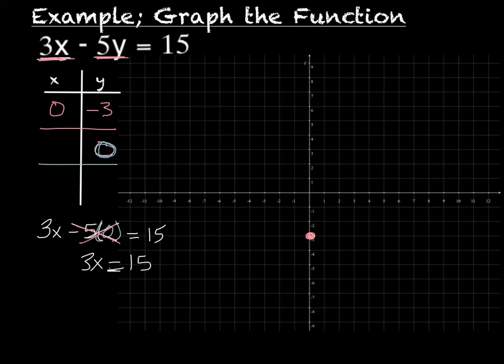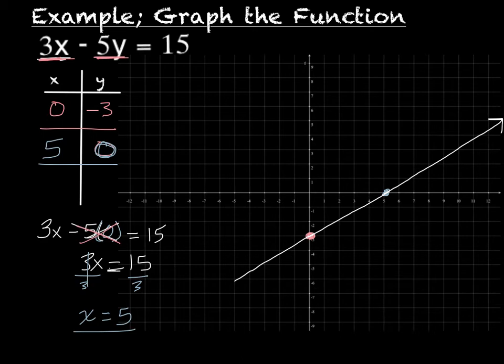So what I have to do now is just divide by 3. So my x equals 15 divided by 3, which is 5. So my 2 points are going to be (0, -3) and (5, 0). Okay, so now because this is a line, I can draw a line between those 2 points, and that is my graph.